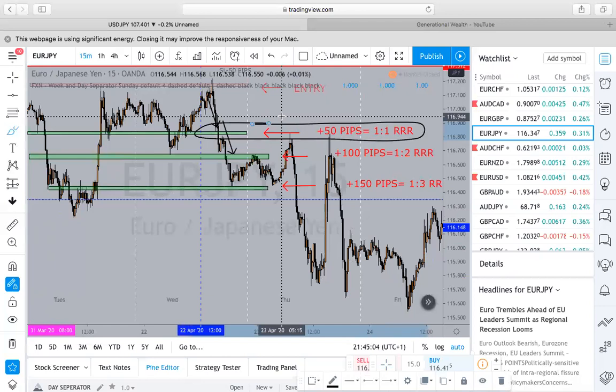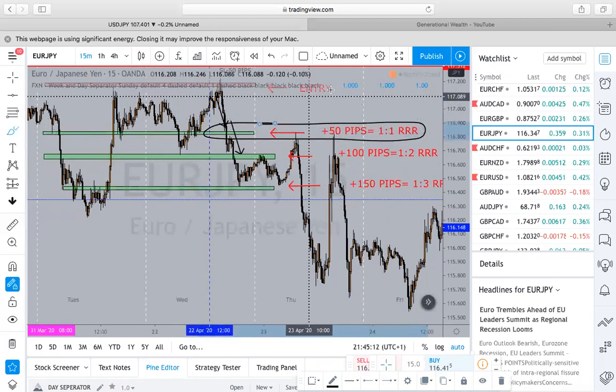Sometimes I might say it backwards or whatever, the risk to reward ratio. So you have to understand the risk to reward ratio on this one, risking 50 pips to profit 50 pips, is a 1-to-1 risk to reward ratio.